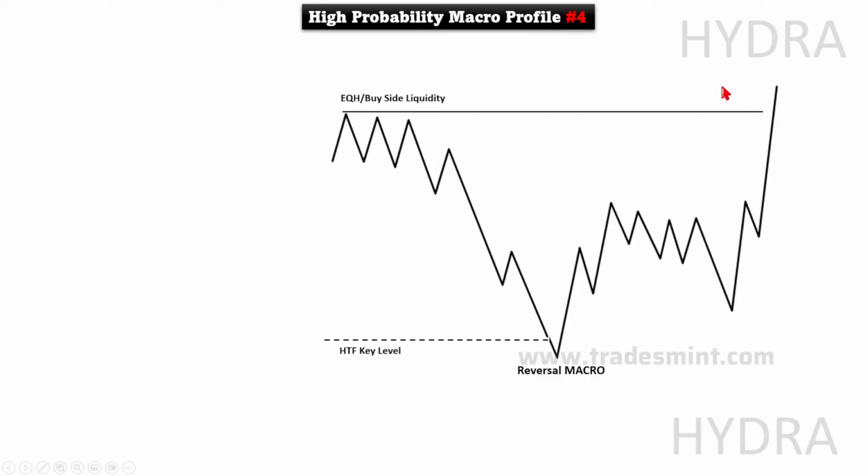But in this condition, there's another thing. In our market maker buy and sell model, I told you that in the first stage of distribution, we are not looking for any stop hunt, right? But I also told you that price can do a stop hunt in the first stage of distribution. So what will you do when price is doing that? That's what I'm going to teach you now.